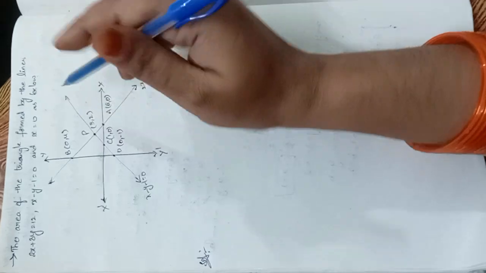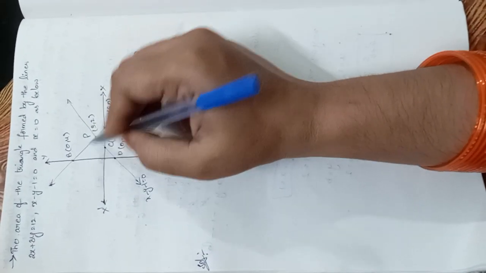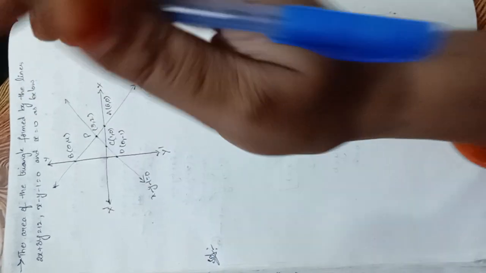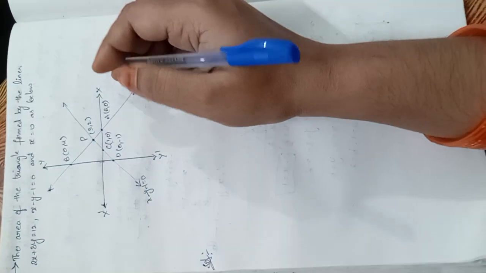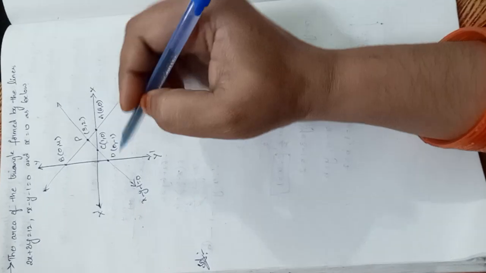So first of all, to know which triangle, see here we are having this one triangle. For these equations, how can we find the points?